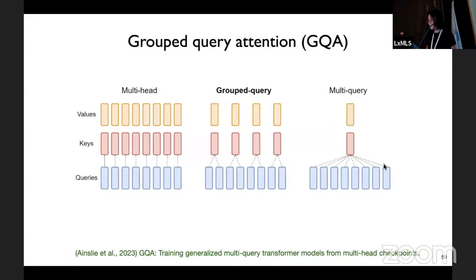For every single position, you still calculate the individual query vector, but you use a single vector that's shared across all the positions. So essentially, you only have one head for the value and key vectors, but you have M heads for the queries. Why do they do this?